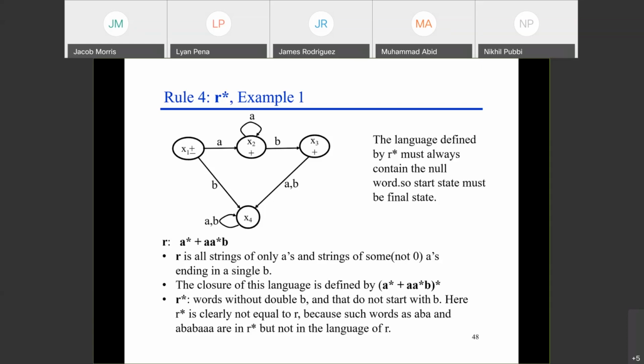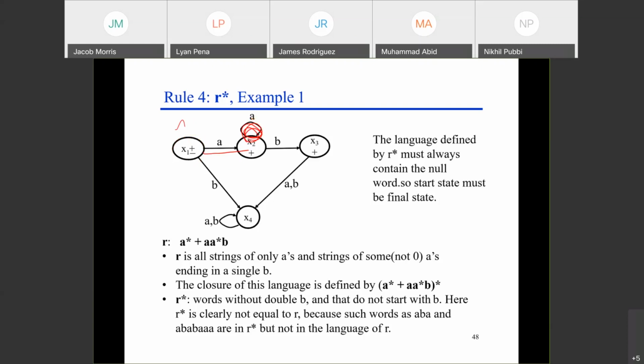Now we are interested to find, if someone asks you what this language is, what is the regular expression of this. So this language, because of this, will accept lambda, and it will also accept, from here to here, one a, and that will be a valid word, or as many a's, that will be a valid word.